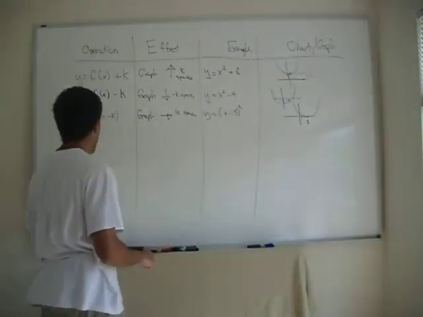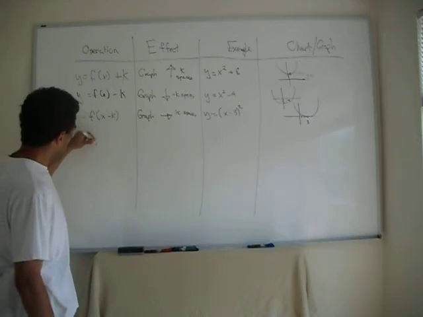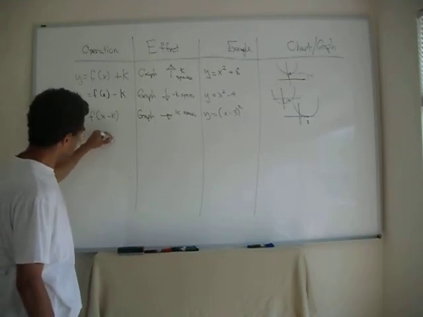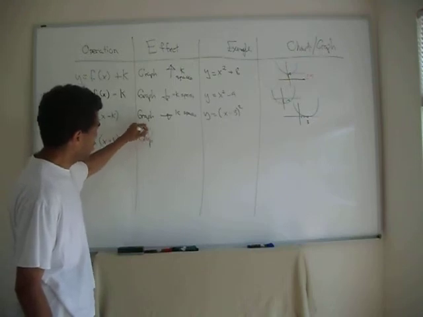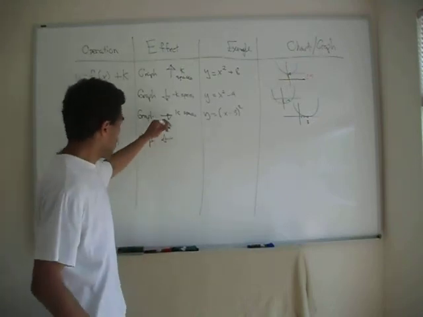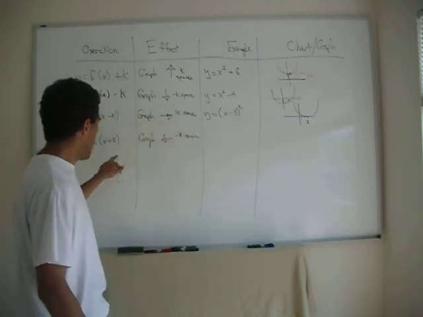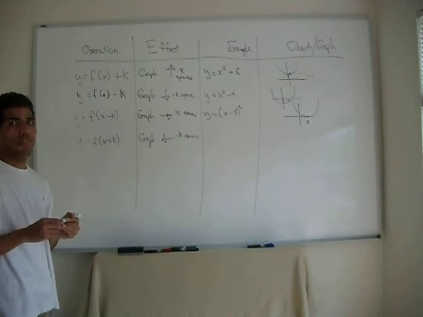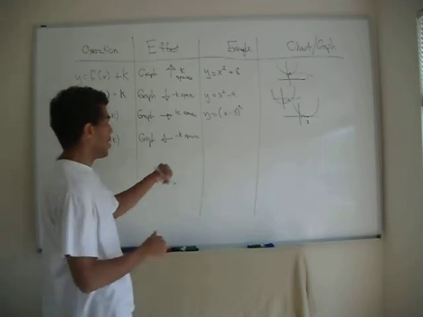What happens if we have y equals f(x plus k)? Well, in that case, the effect is that the graph moves to the left side, minus k spaces. See, the positive inside the function means that the 0 of the function is a negative number, so it moves to the left side.